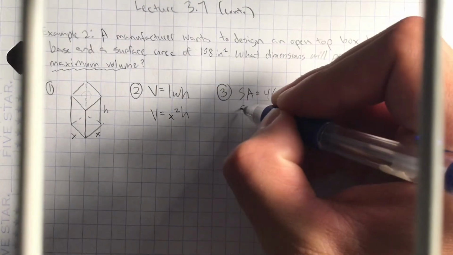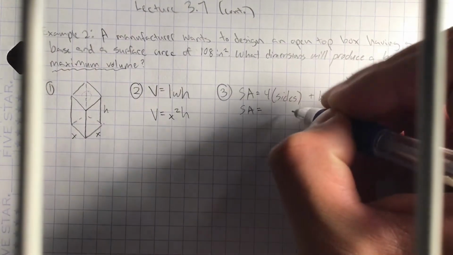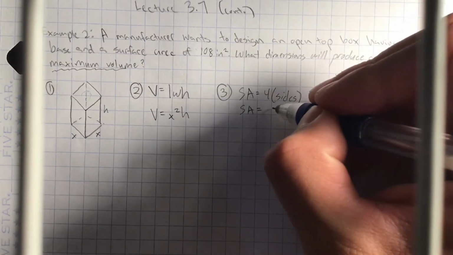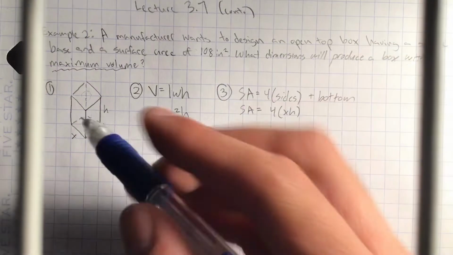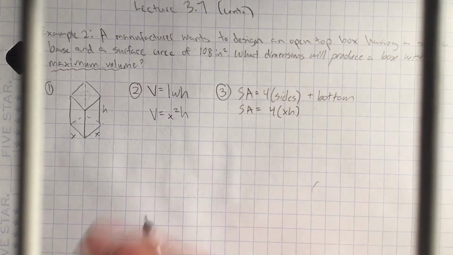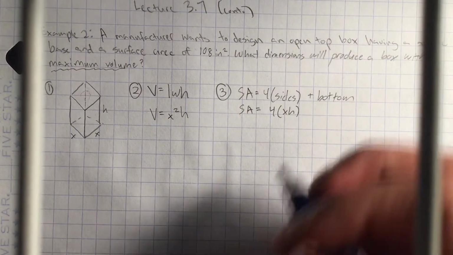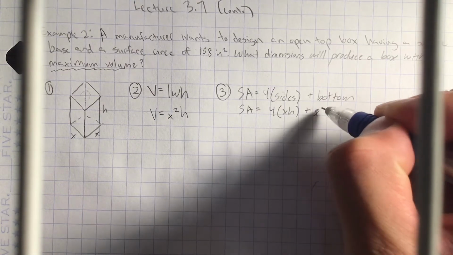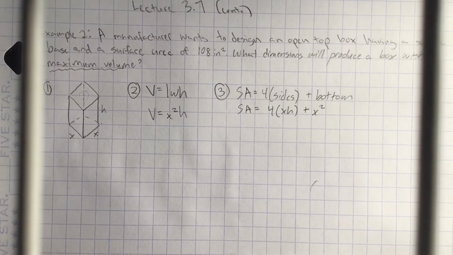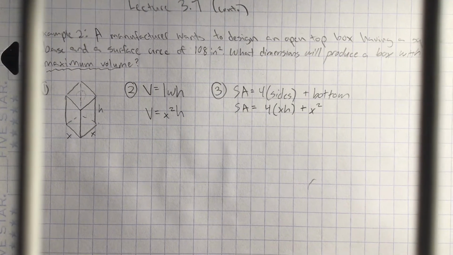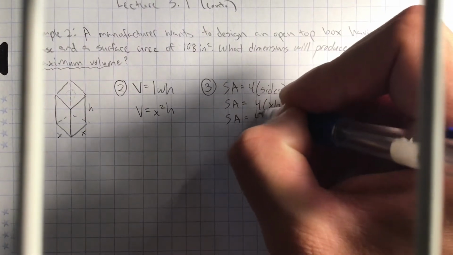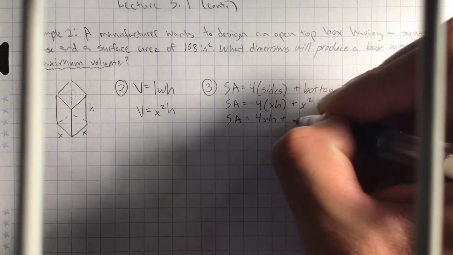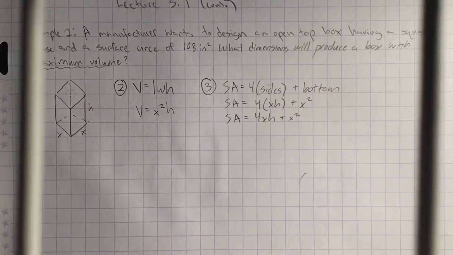So surface area equals 4 times xh, that's these sides right here, and the bottom, which would be x squared, so that is our surface area. So we can simplify that further, writing SA equals 4xh plus x squared.